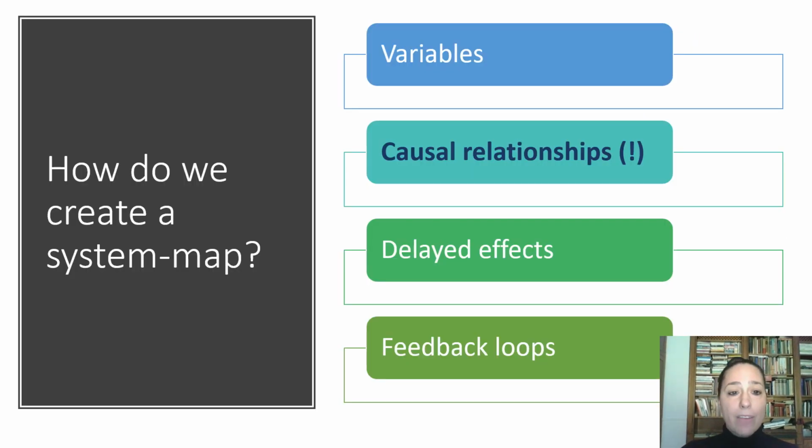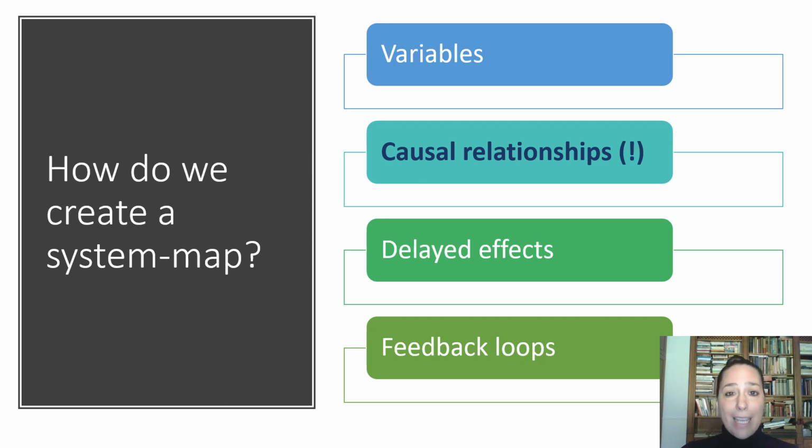So how do we create such a system map? First of all, we agree on the variables we want to use in the system. All the variables that influence our purpose, our state. Then we want to see what the causal relationships are between these variables. This is actually what we're going to do today.